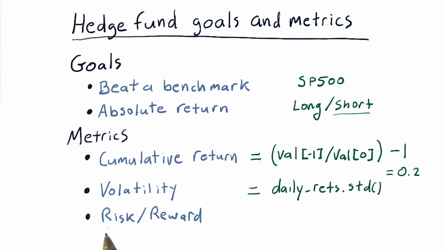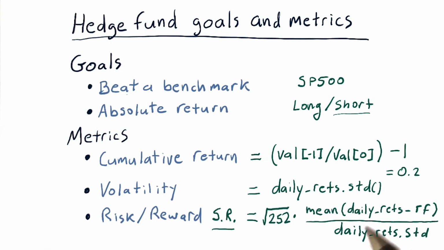Our last factor here, which is a measure of the ratio of risk to reward, is typically measured using Sharpe ratio. And the Sharpe ratio is calculated like this. Sharpe ratio is also sometimes called risk-adjusted reward. So you can consider that to be reward divided by risk.